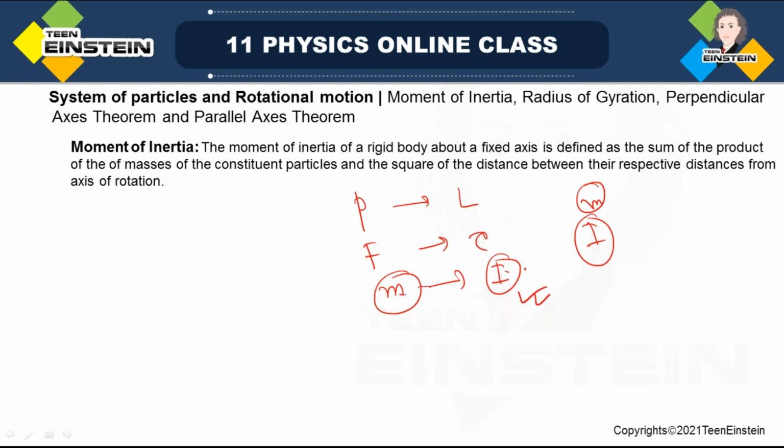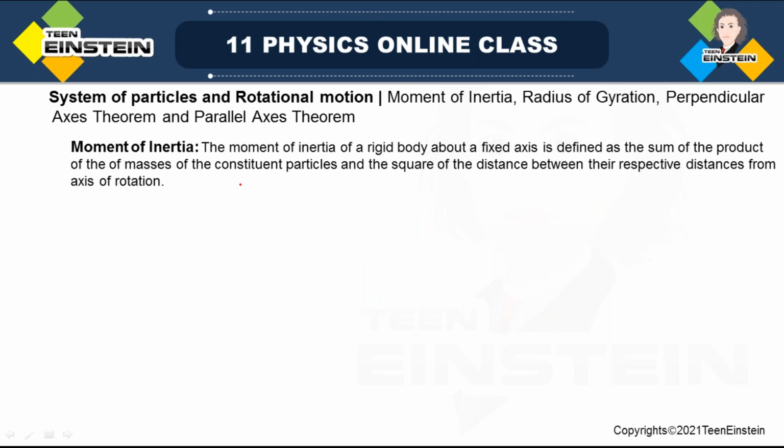So these two are analogous quantities: rotational inertia, which is moment of inertia, and mass in translational motion.